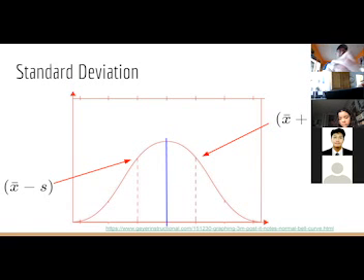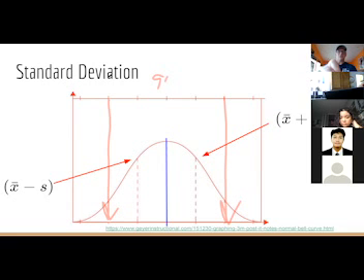It means that 1 standard deviation, 2 standard deviations, that gives you what's called a 95% confidence level.